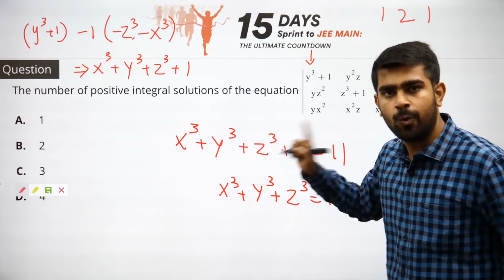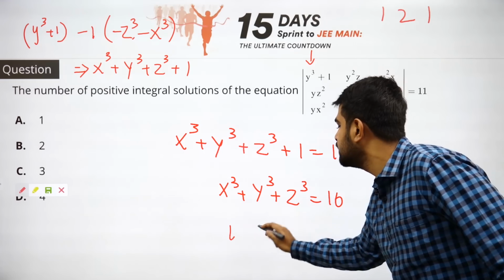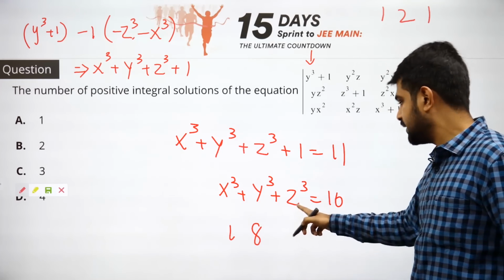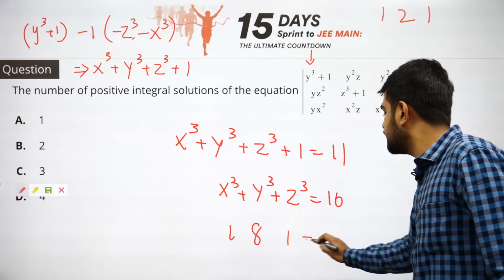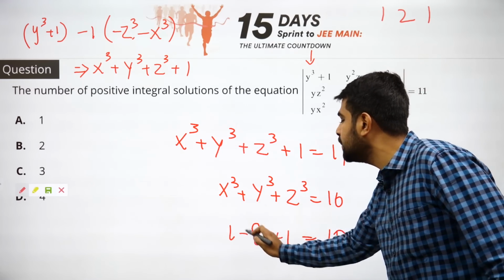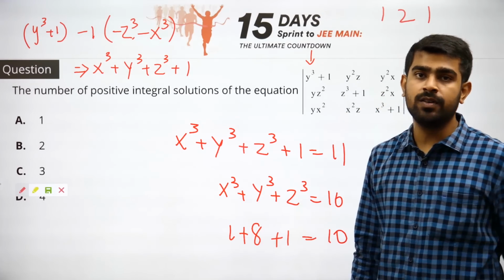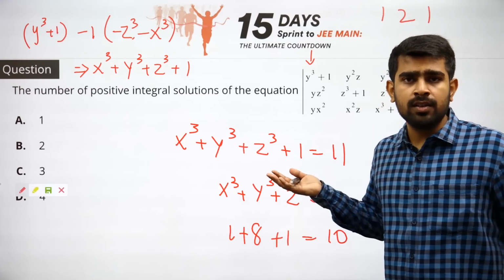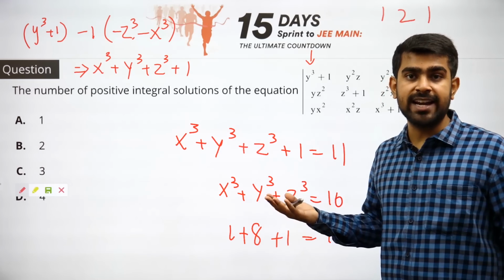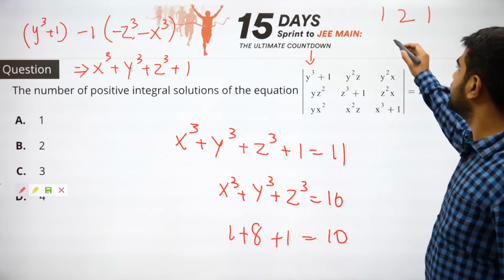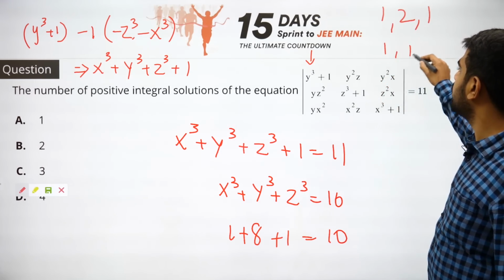This can happen only with 1, 1 and 2. 1 cube is 1, 2 cube is 8, so 8 plus 1 plus 1 is 10. So only this possibility is allowed. Only 1, 2 and 1 can be allowed. But which one takes 1? Which takes 2? We don't know that. So it can be 1, 2, 1. It can be 1, 1, 2.